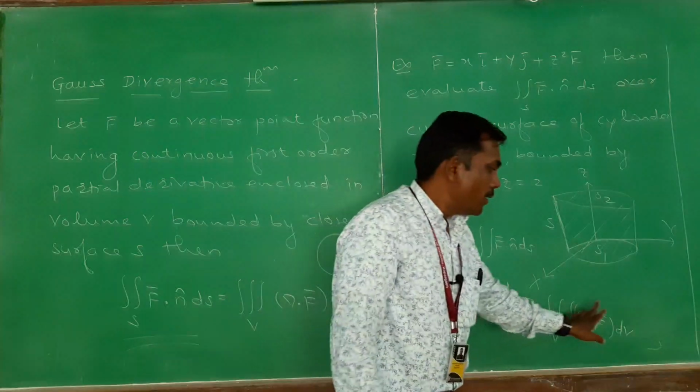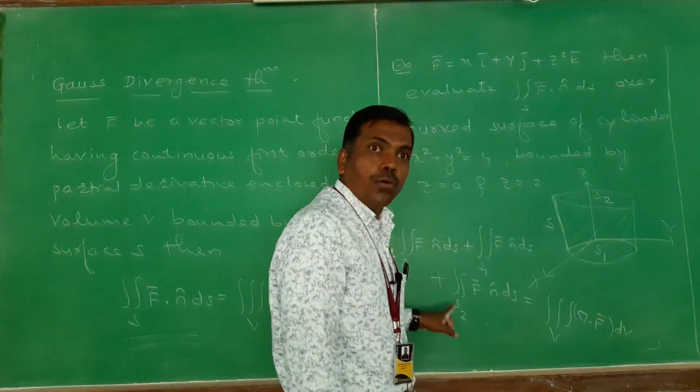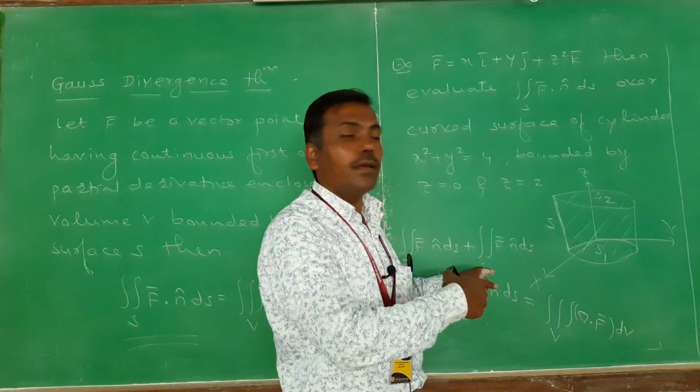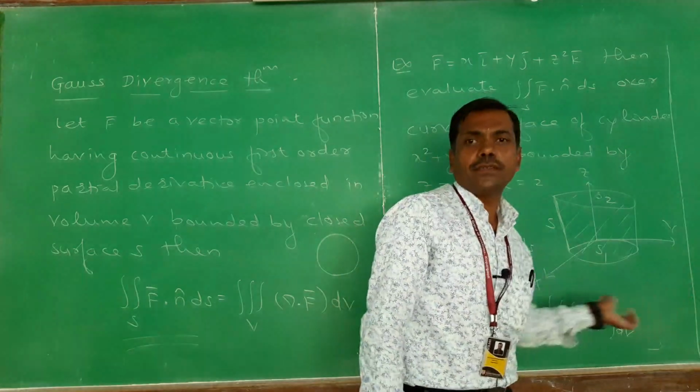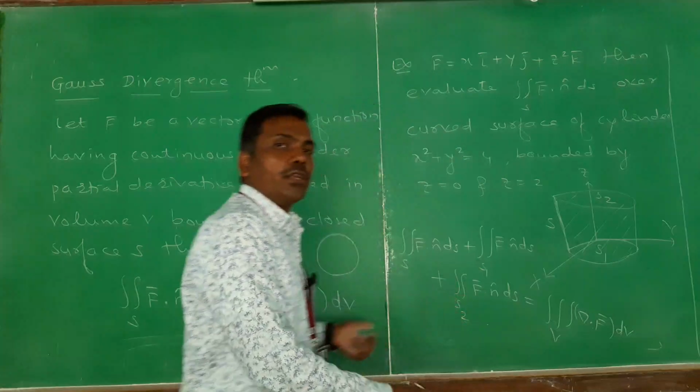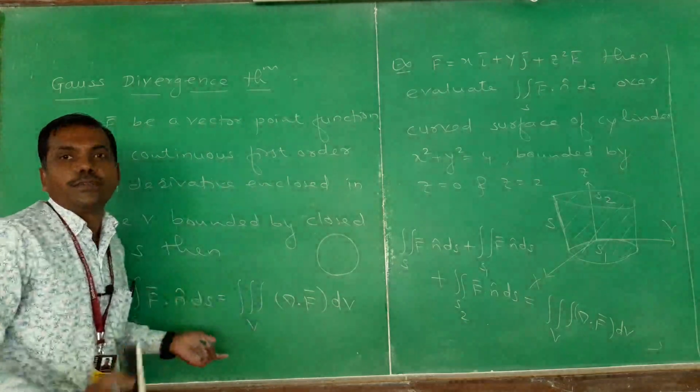So here three surfaces we have taken. Why is it taken? Because we need only curved surface. If total surface is there, then no need to take it. We can easily use divergence theorem.